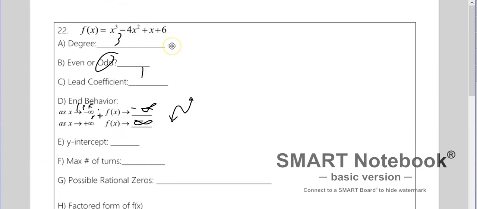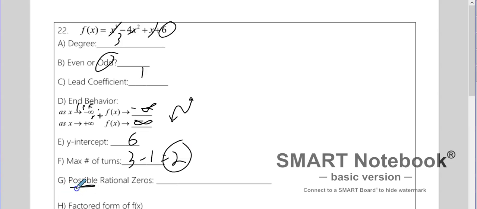You can plug in 0 for all your x's mentally or physically, which tells you right there what it is. Or you could also have gone to the y-intercept on the calculator and got it there. Okay, wherever 0 is for x, that's your y-intercept. Maximum number of turns, 3 minus 1, 2.